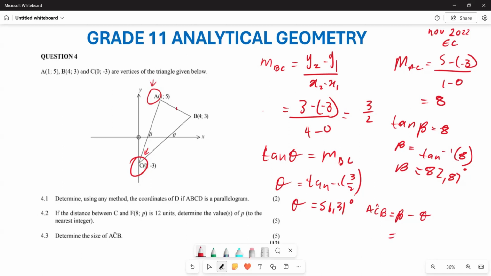And then what is going to be the angle of your beta? It's same as 82,87 degrees subtract 56,31 degrees. Then the angle of your ACB that you are going to find here is going to be same as 26,6 degrees altogether. So basically, that's how you tackle these types of questions, right?